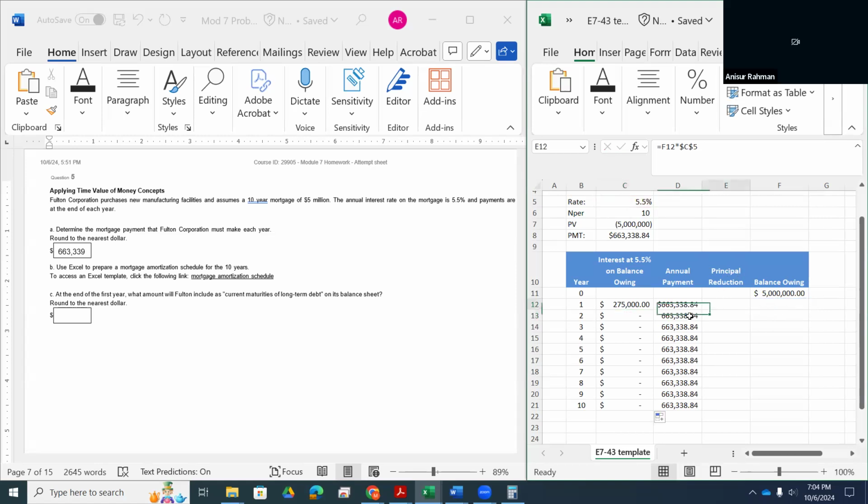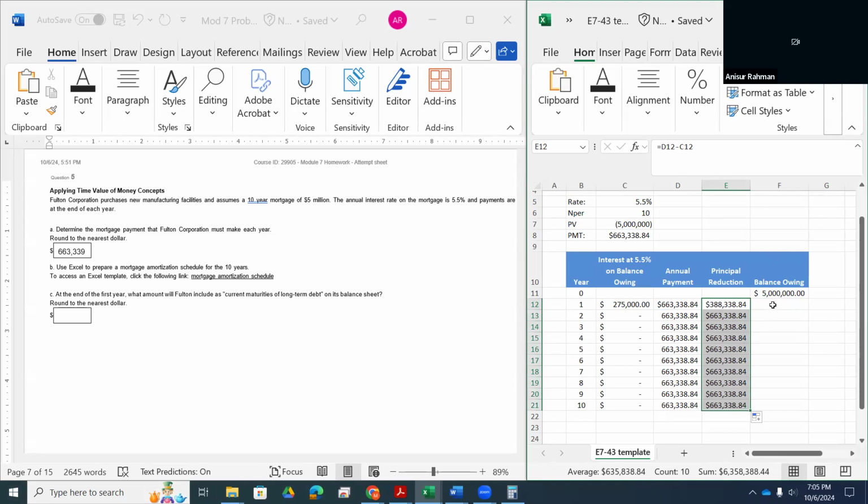Now, principal reduction. So this is how much the company is paying every year, and it includes this much of interest, and the remaining, or the difference, is how much is going towards paying off the balance. So I'll find out the difference between annual payment and the interest. And then I can find this plus sign at the bottom right corner and double click on this.